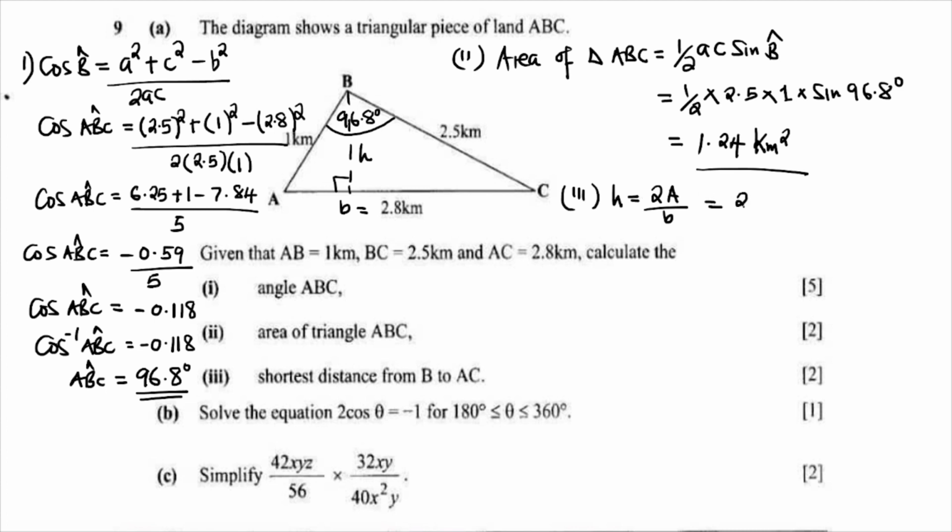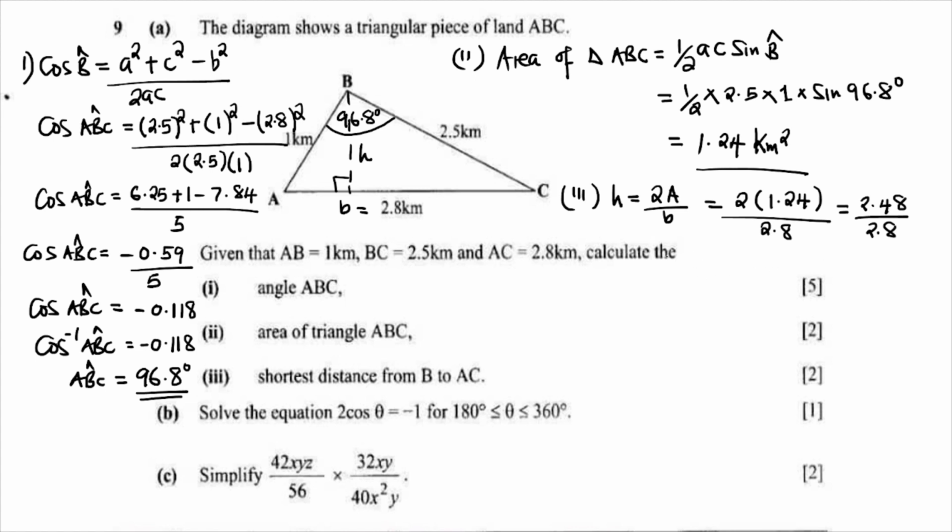So we take 2 multiplied by our area, which is 1.24, then divide by the base, which is 2.8 kilometers. 2 multiplied by 1.24 gives us 2.48, and 2.48 divided by 2.8.